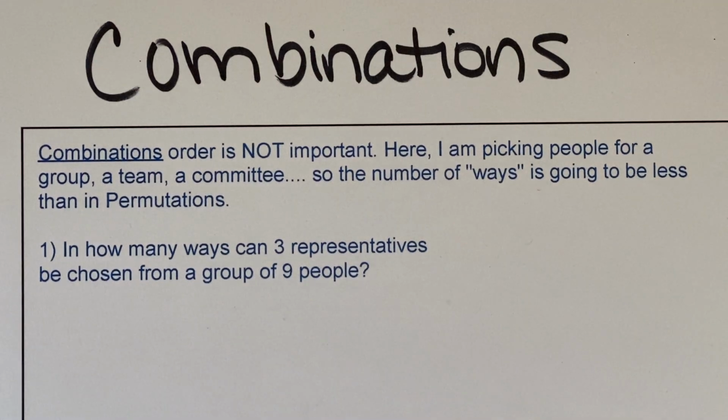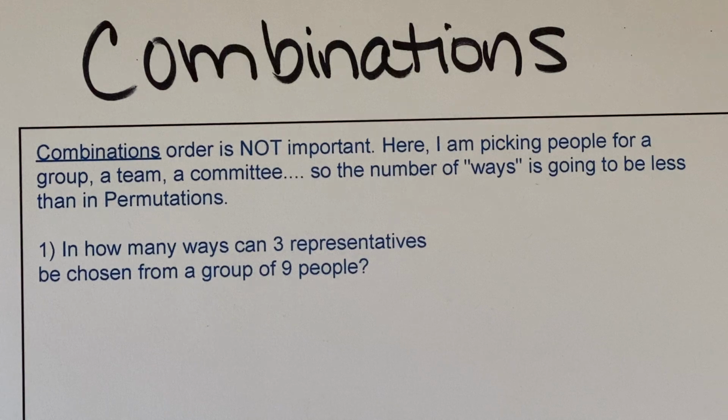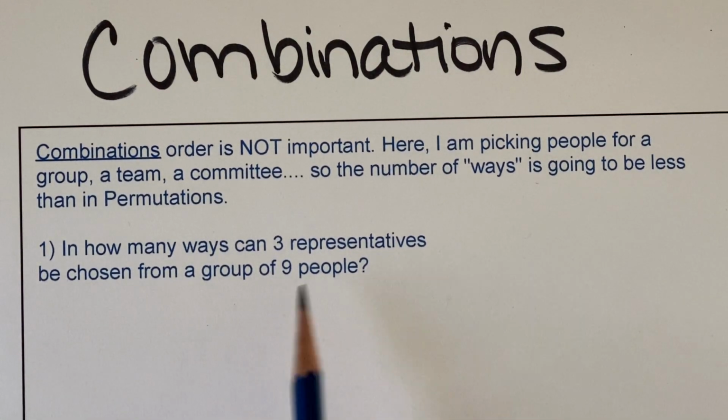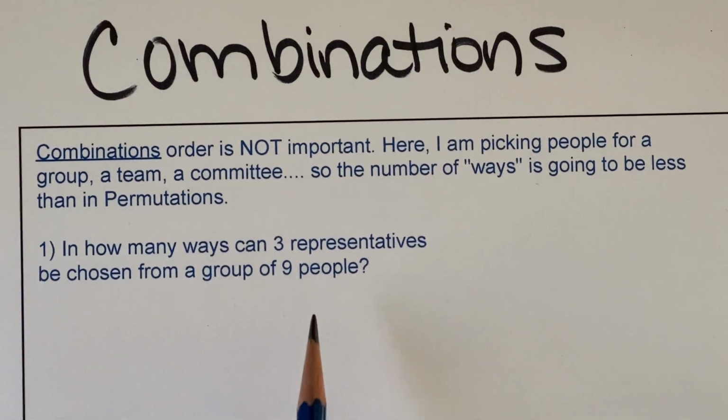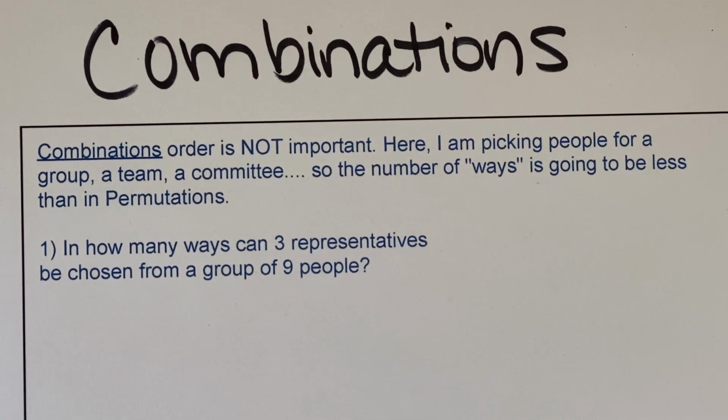So if you look at number 1, in how many ways can 3 representatives be chosen from a group of 9 people? So that means I'm starting with 9 people and I'm going to pull 3 of them. And in the end, I'm just going to have those 3 people, but it doesn't matter who I chose first, second, third. There is a formula for combinations.